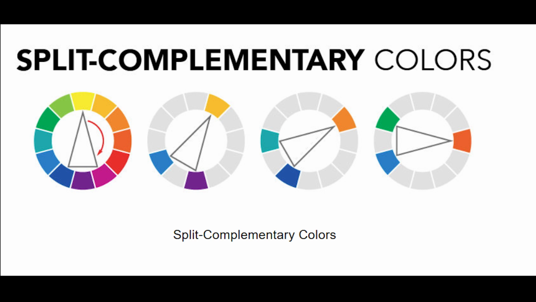That works really well, especially with blues and oranges, yellows and purples. Greens tend to not work quite as well with that color triad because most plants have a green leaf. But you can use that color triad in a lot of different ways. It works very well, especially with flower colors.